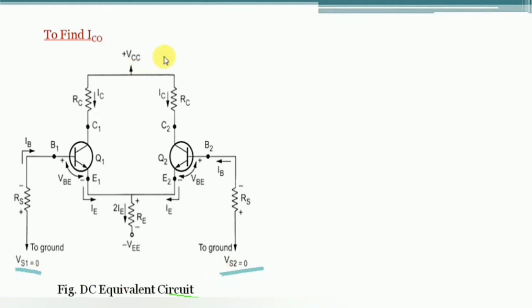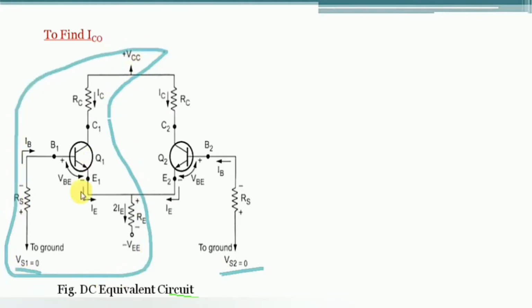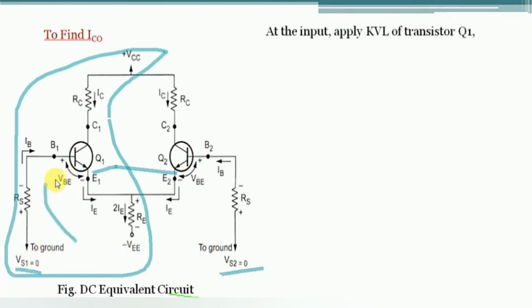Now consider only the half circuit, because the two transistors Q1 and Q2 are matched transistors. If you perform the DC analysis for one half circuit, it remains the same for the other half. Now simply apply KVL at the input of the transistor Q1.